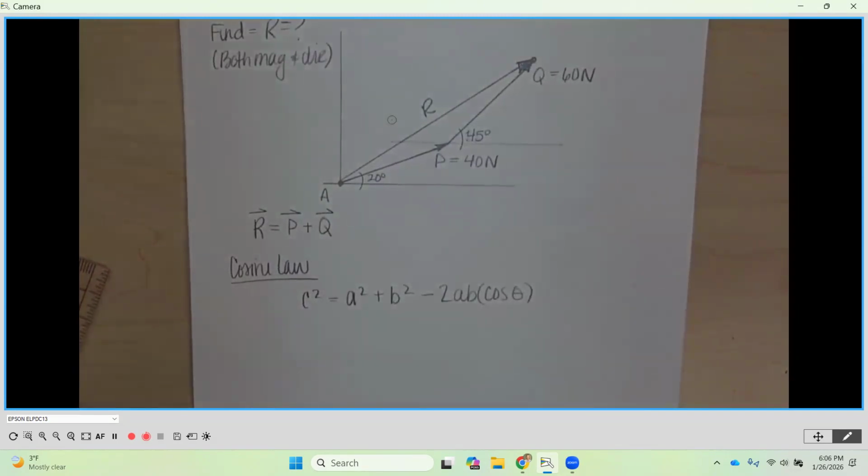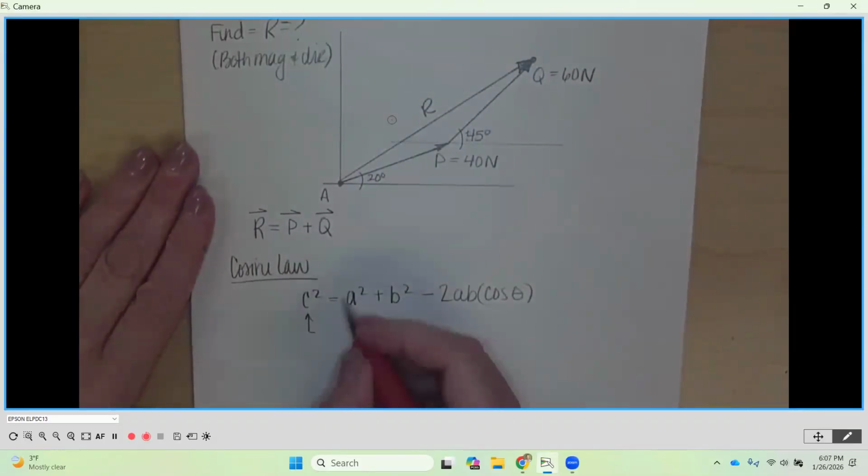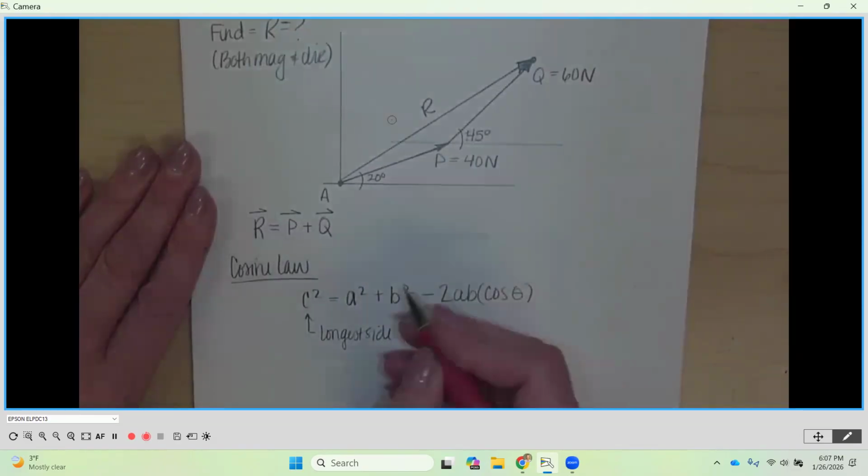In its generic form. C is going to be the longest side, right? You guys remember that? A and B are going to be the other two, right? These are going to be the other two sides.